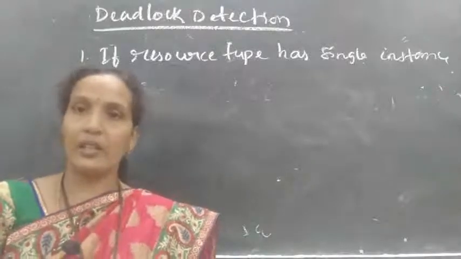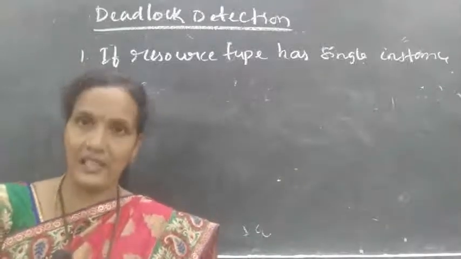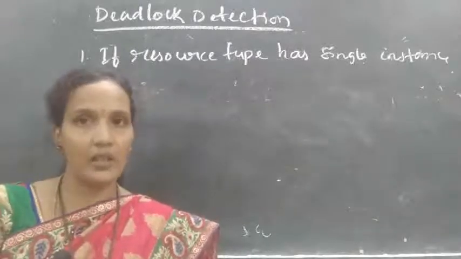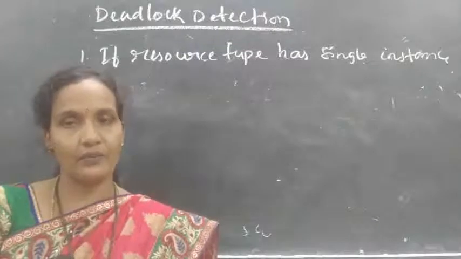If the resource type has a single instance, then we'll use the wait-for graph. We'll define the deadlock detection algorithm that uses this variation of the graph.